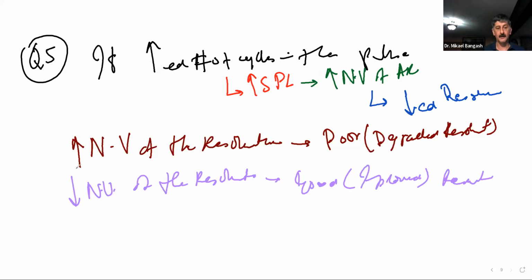Now, the greater numerical value, due to greater pulse, would mean that the resolution will be poor or degraded. Did that make sense?